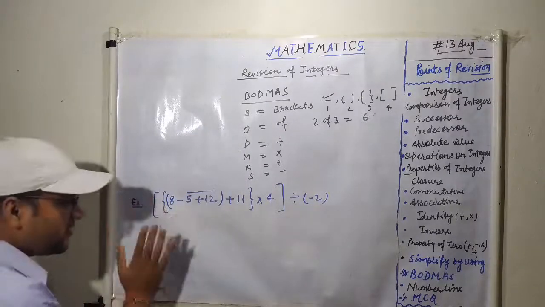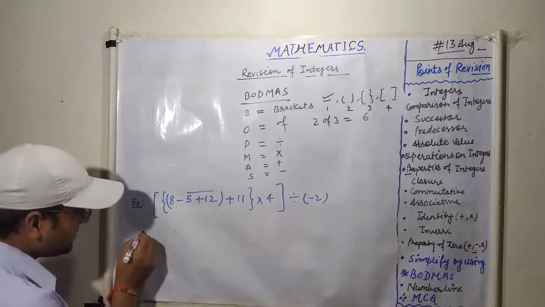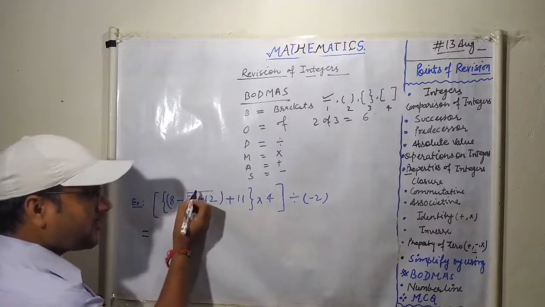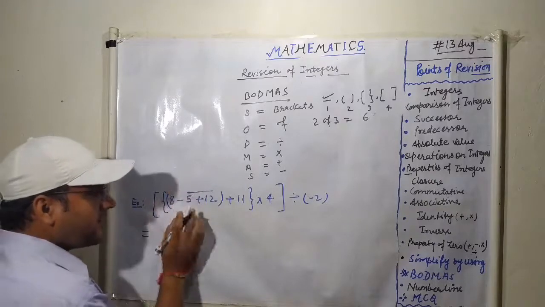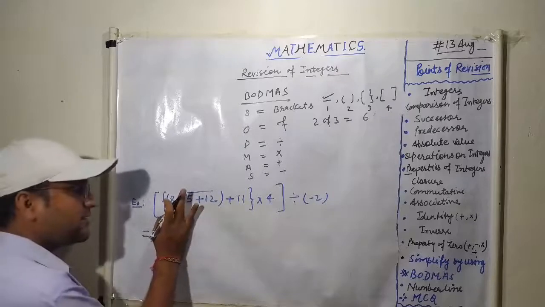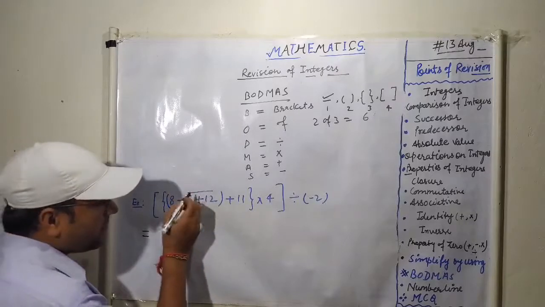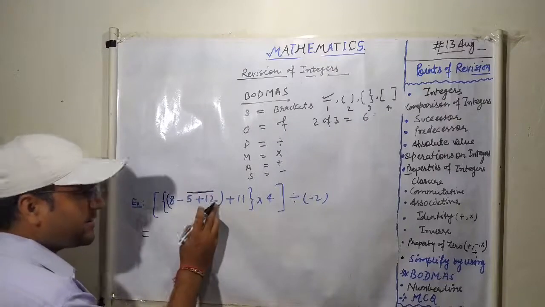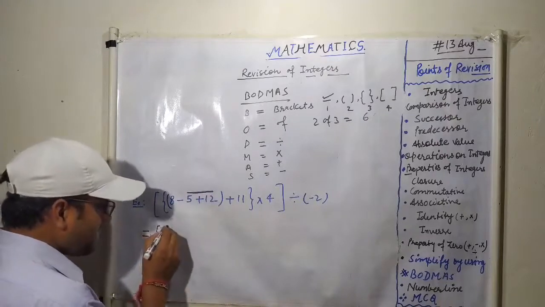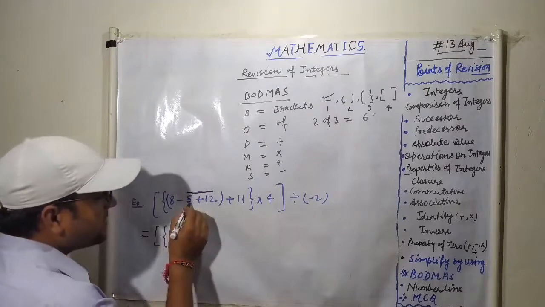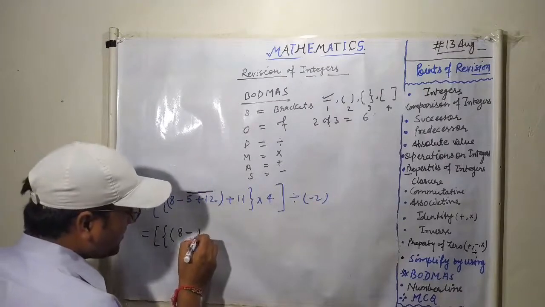Here I will show you one example, students. In this one, a bar bracket is given. First I am going to do this one. 5 plus 12. The bar bracket is only over 5 and 12, so 5 plus 12. 8 minus 5 plus 12, you will get 17.